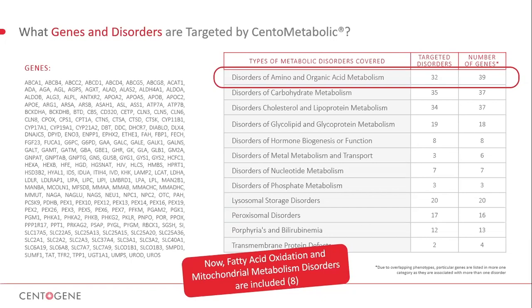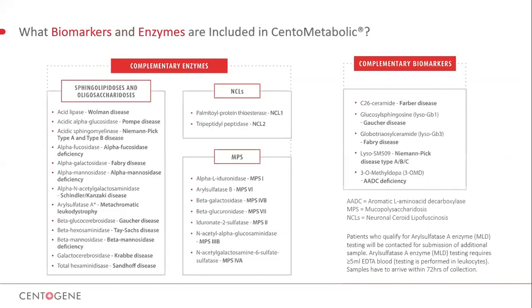The categories with perhaps the major changes are the addition of some common organic acid metabolism disorders, and also some fatty acid oxidation or mitochondrial disorders. You can search for the information related to all the enzymes included in the panel and the biomarkers, but mostly they have good coverage for the lysosomal storage disorders.